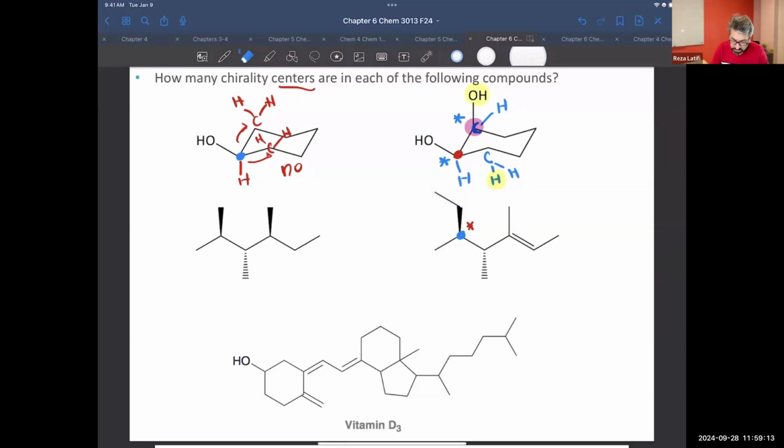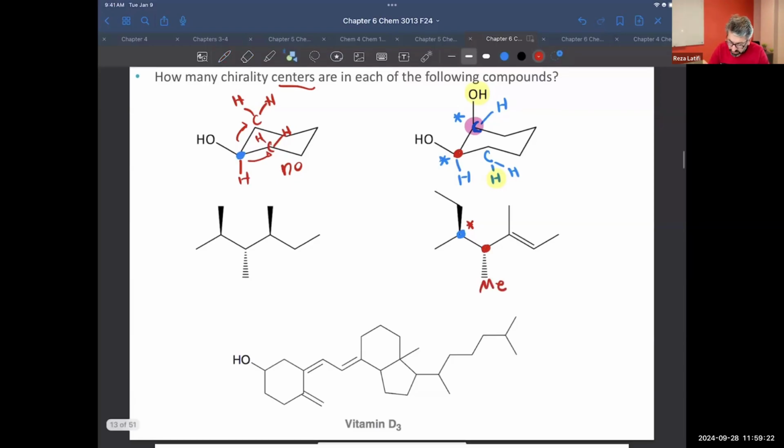Let's talk about this carbon. What do we have attached to it? We have a methyl, a substituent, and the next substituent, the entire of this. Those 2 substituents are not identical, and methyl, of course, is different. The 4th one is going to be hydrogen. So that one also is a stereocenter.